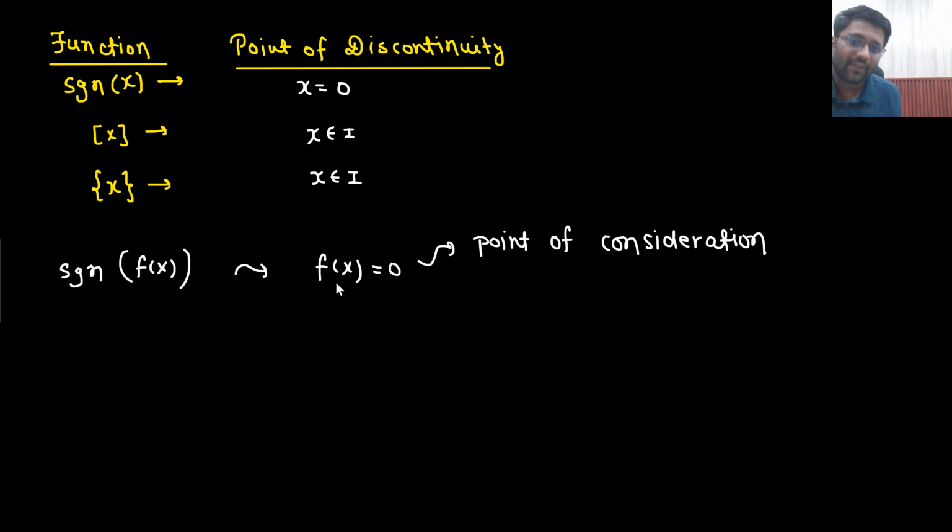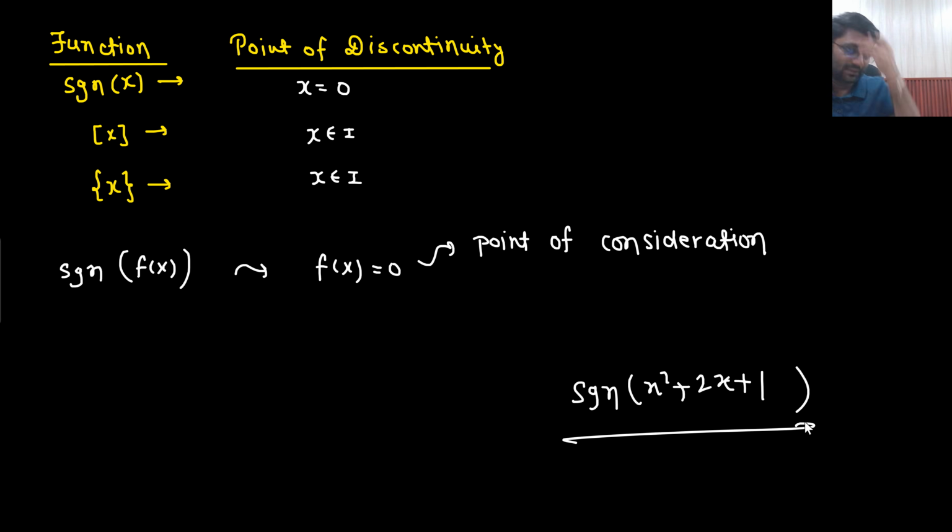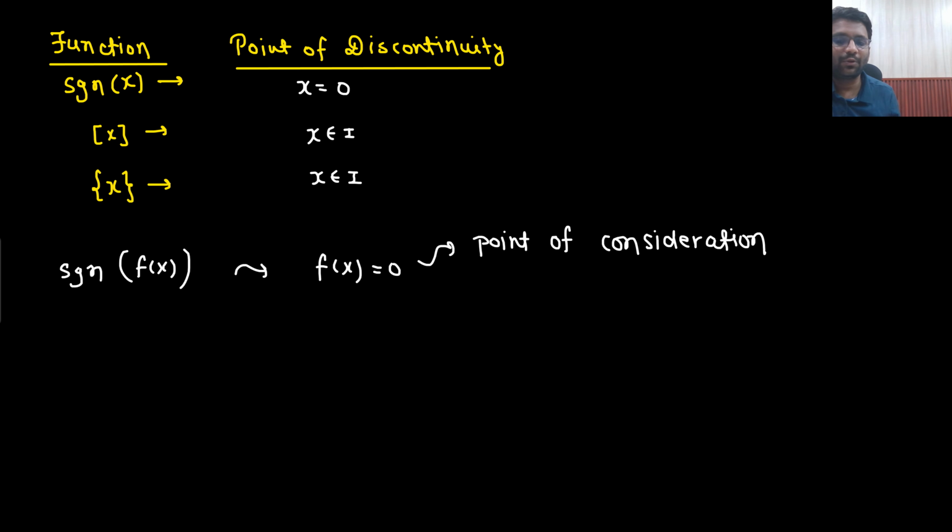It might happen that wherever f(x) is becoming 0, this signum f(x) may be discontinuous. What do I mean by signum f(x)? For example, signum of x square plus 2x plus 1. Where this function becomes 0, at that particular point signum can throw some discontinuity. We will see the example, it will be clear to you. So your point of consideration would be all the points where f(x) is becoming 0.